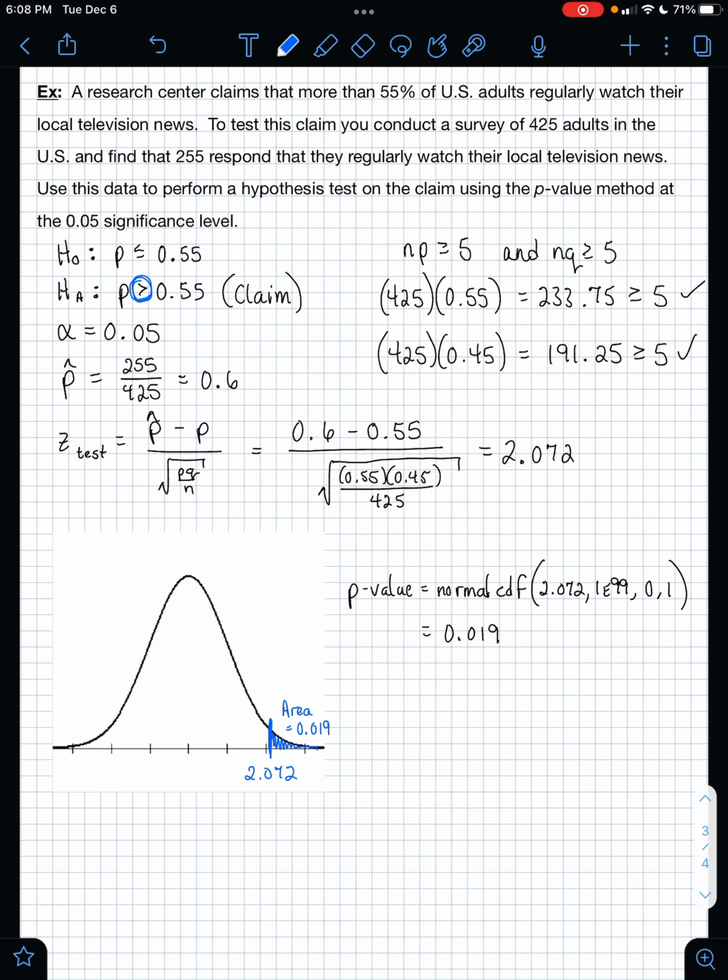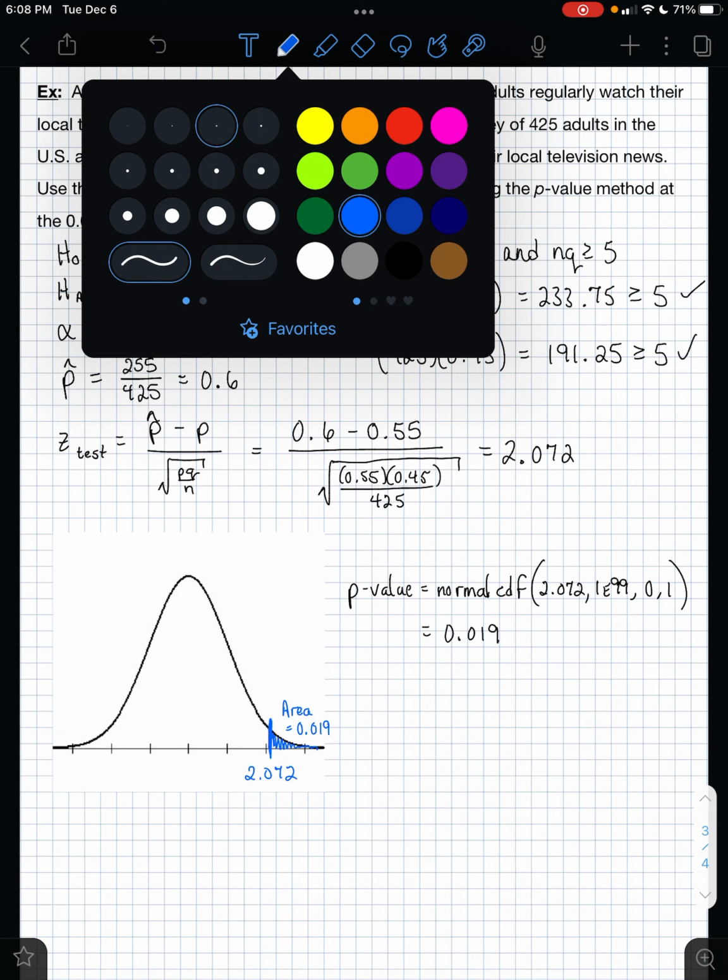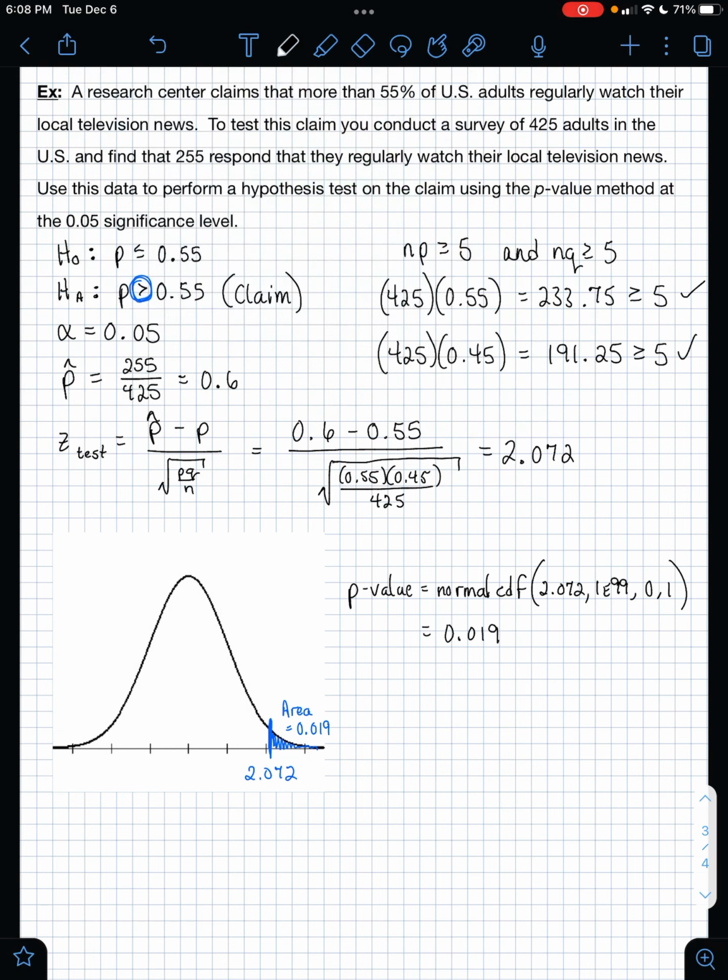Now, we have to compare this to our alpha. If our p-value is smaller than alpha, which it is, our alpha value, remember, is 0.05. So if our p-value is smaller than alpha, the decision then is that we reject the null hypothesis.